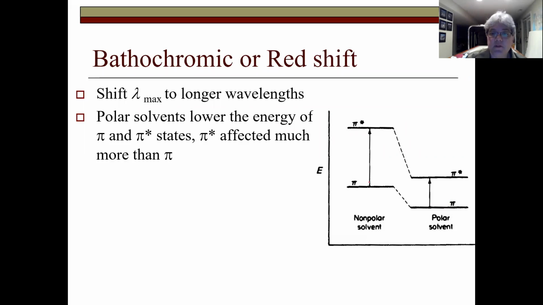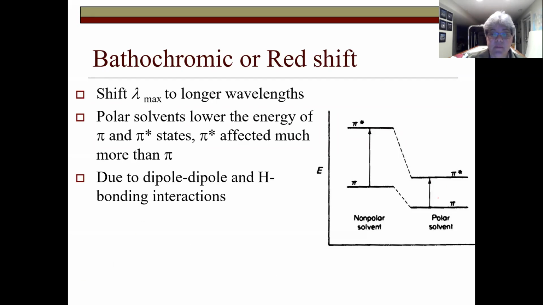So in the non-polar solvent, this is the energy you need for the transition. And notice the pi star energy drops more than the pi. So this is the energy that you need in a polar solvent. And notice that energy is much less.